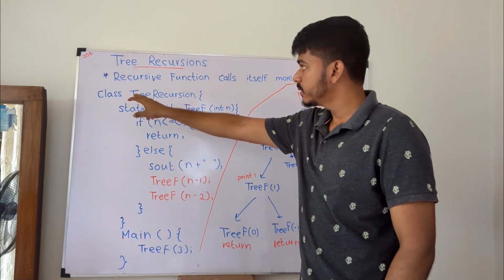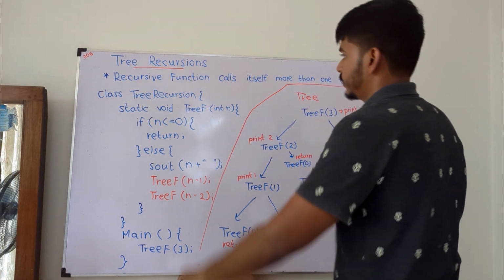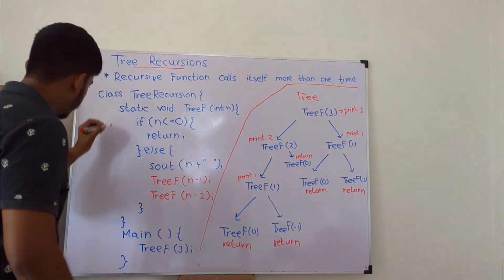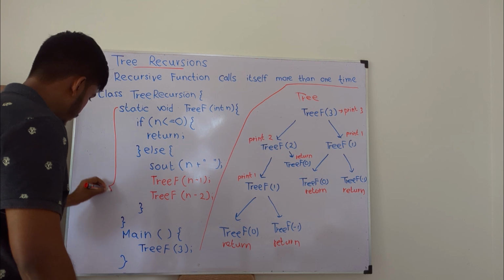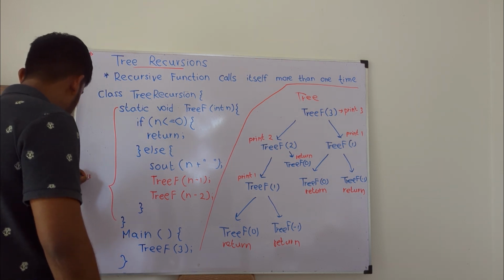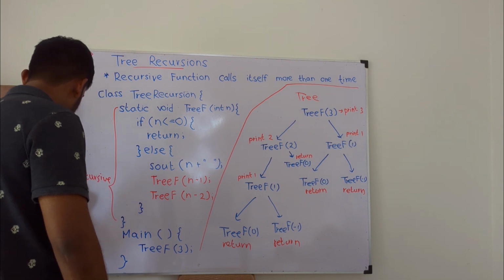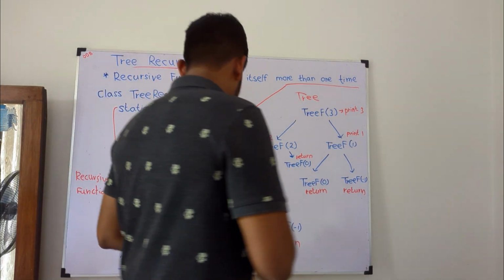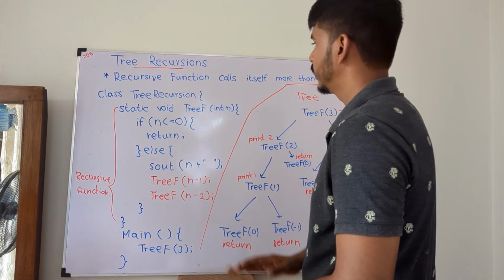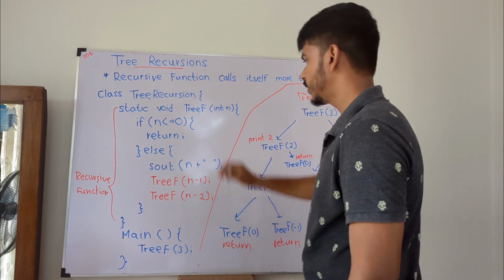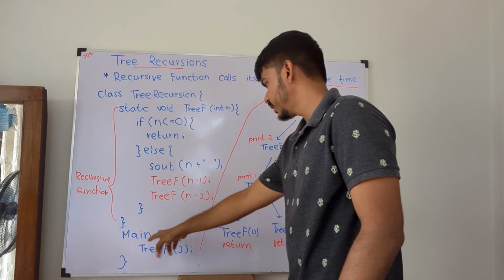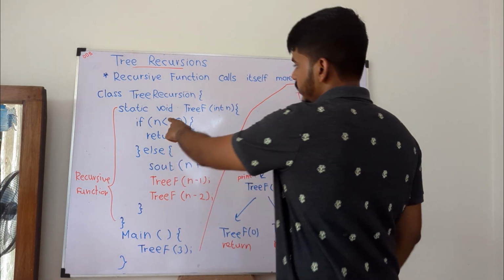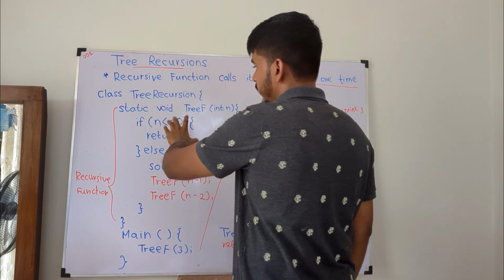So here in this Java code, the recursive function name is treef. So what this recursive function does is, first it's going to take integer n as parameter, checks whether that number is less than or equal 0.